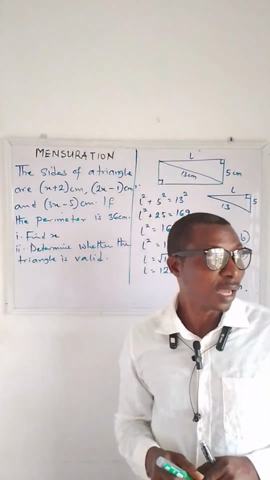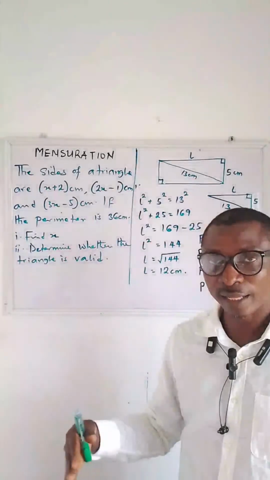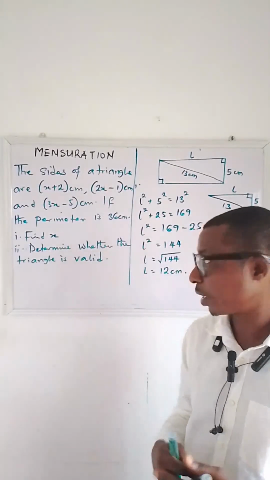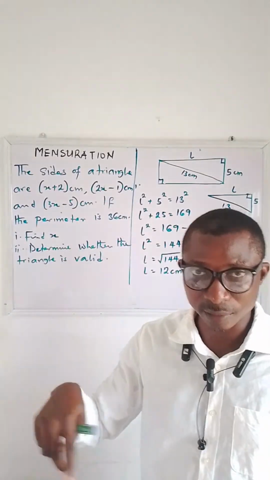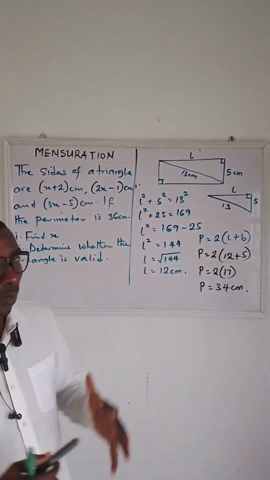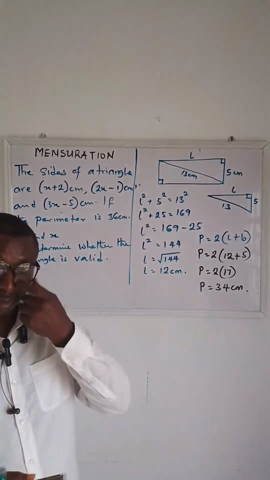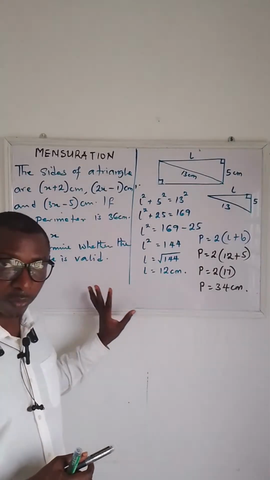Okay, and in the next class, we are going to learn problems under triangles. When you look at what we did today, everything centered around rectangle. So tomorrow we are going to be looking at questions that surround triangles.